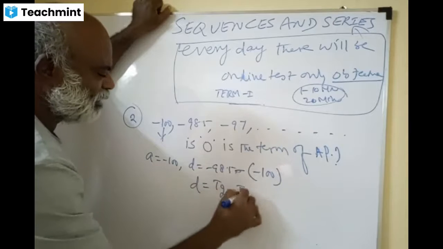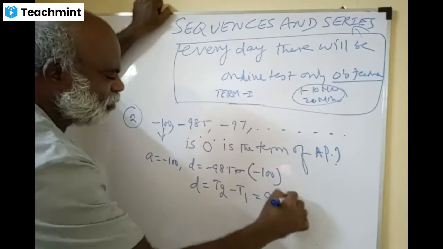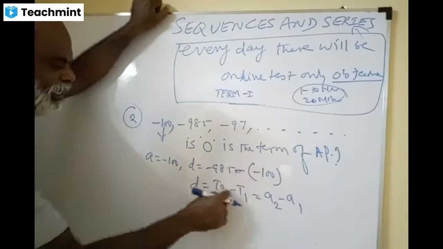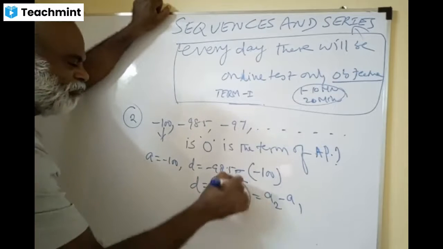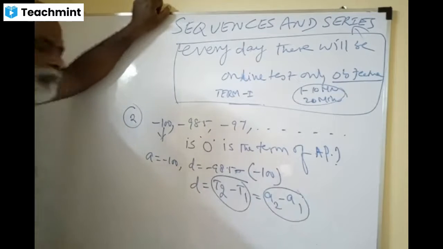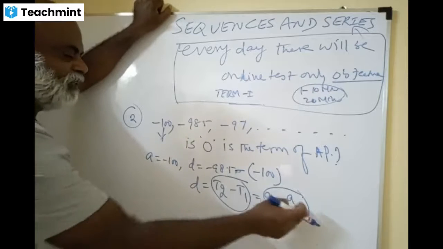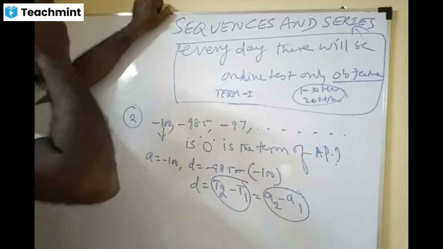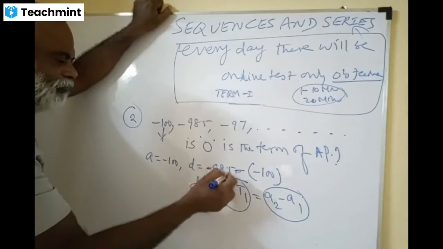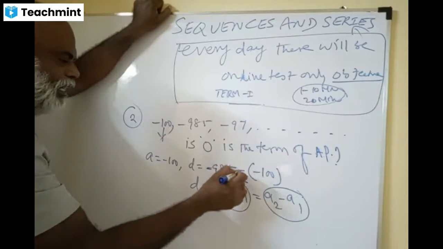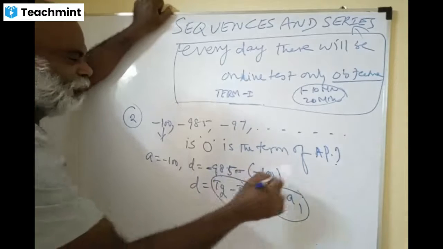D is T2 minus T1 or A2 minus A1. Either you can use T2 minus T1 or A2 minus A1. Second minus first. So second is minus 98.5 minus negative of 100, which is plus 100.